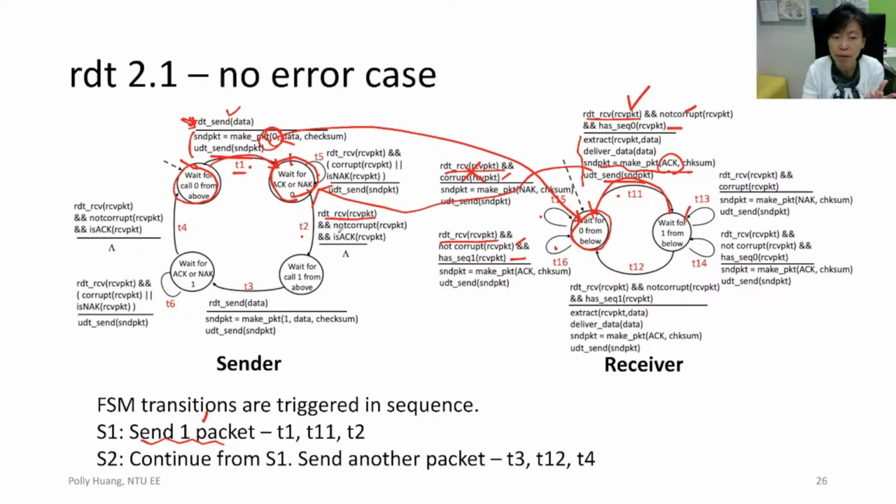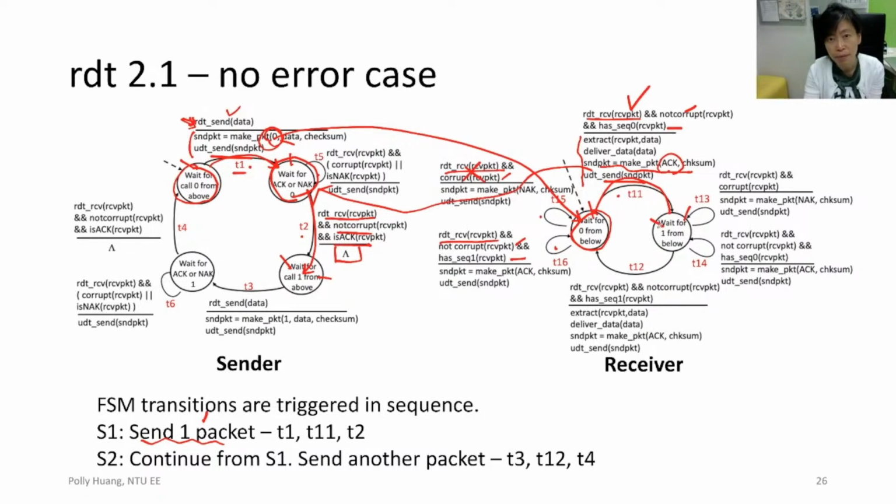This one here: no error, and it's an ACK packet. So we'll be taking T2 and finishing all the actions here, which is doing nothing, and entering the wait for call 1 from above state. So the sender goes to this state, and there's nothing to be done here. No more packets are being generated flying back to the receiver. So we could have stabilized right here.